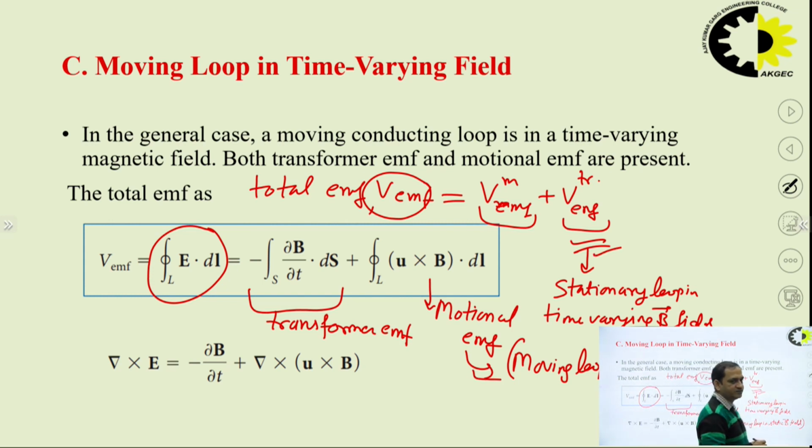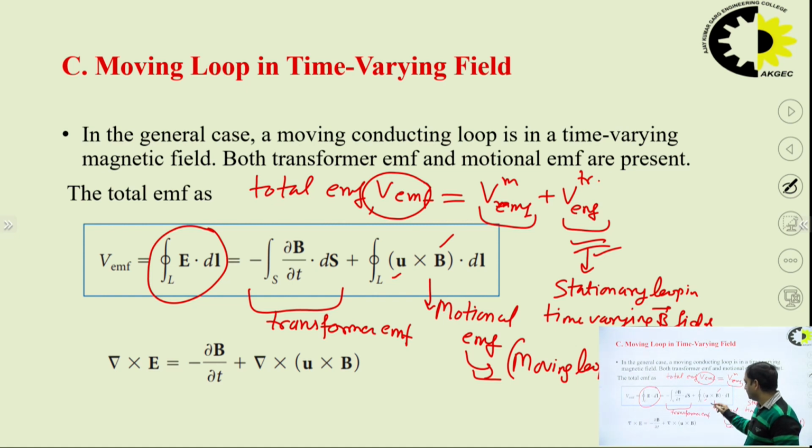So the combination of these two EMFs will be there, this is the total EMF. It is u cross B dot dl, where u is the velocity by which the loop is moving in the static B field. So this B field is static. Now again we can see this is the open surface, and this is your closed path.